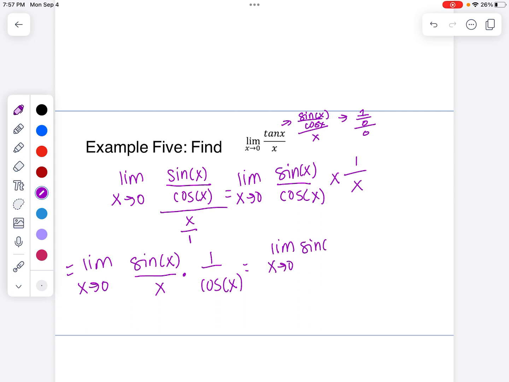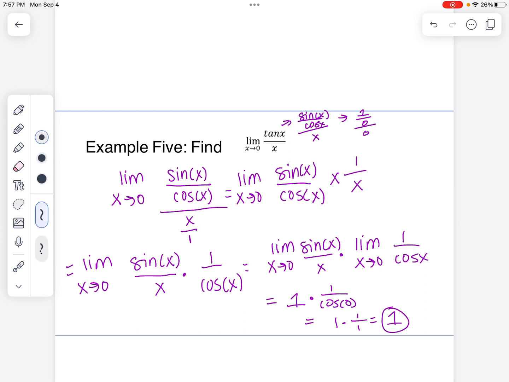We can break them apart because it's just multiplication. And we know by the squeeze theorem that the limit as x approaches 0 of sine of x over x is 1. Something we can memorize, and then we can just plug in 0 now for cosine of 0. And this will give us 1 times cosine of 0, which is 1. So I'll get 1. And that's the answer.